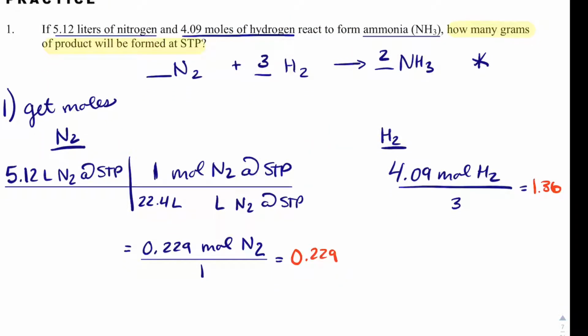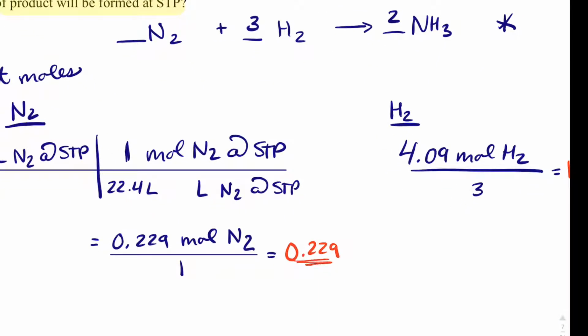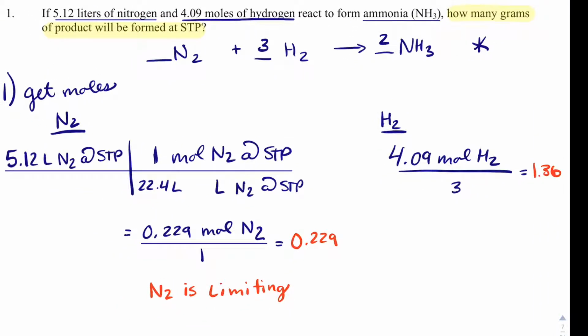Because nitrogen's number, this red number, is less, I know that nitrogen is my limiting reactant. As soon as you identify a limiting reactant, you need to write it down because you don't want to forget that. And then hydrogen is going to be left over, and H2 is excess. Okay, so now I figured out the limiting reactant. It was just that easy.